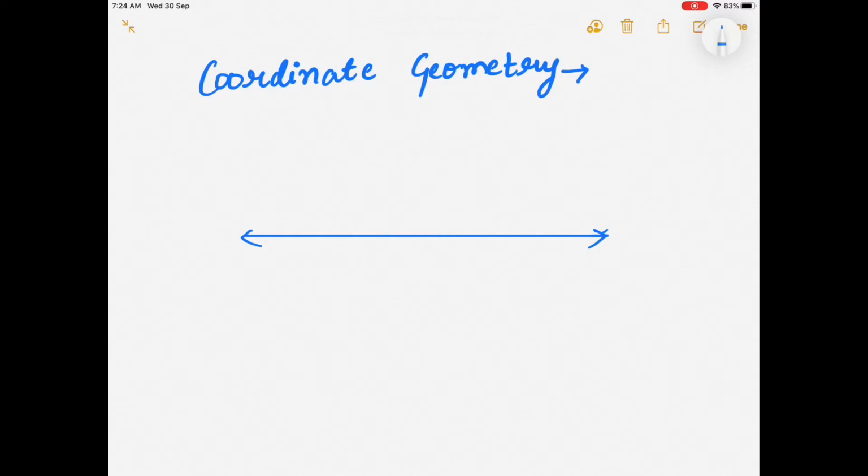Assume that this is a number line and these are the markings of a number line. So we have studied how to locate a point on the number line.